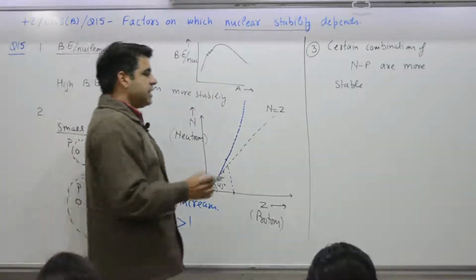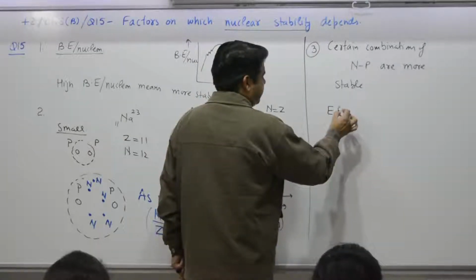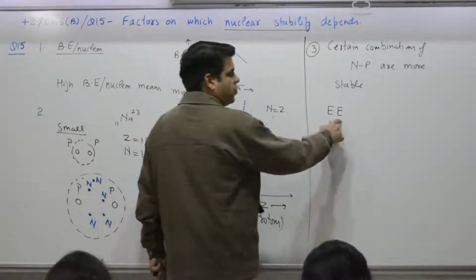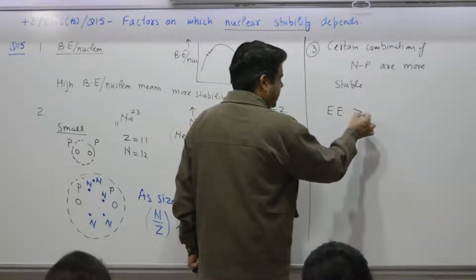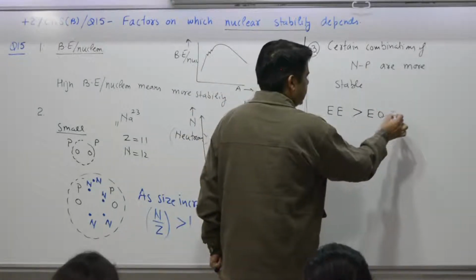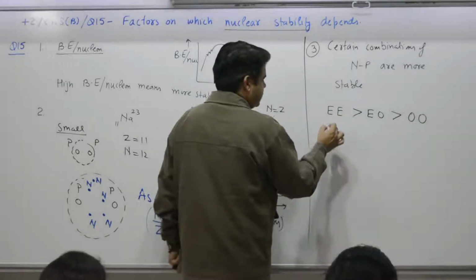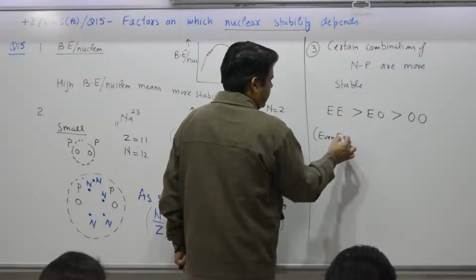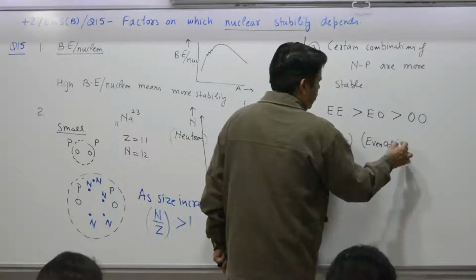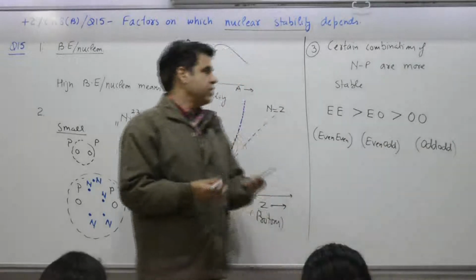Which one is most stable? Even-even means the number of protons and number of neutrons are both even: 2, 2, 4, 4, 6, 6. They are more stable than the even-odd combination, and that is more stable than odd-odd. So this stands for even-even, this for even-odd, and this for odd-odd.